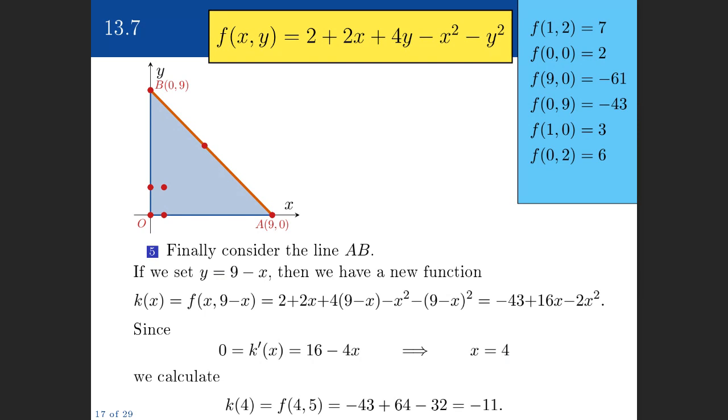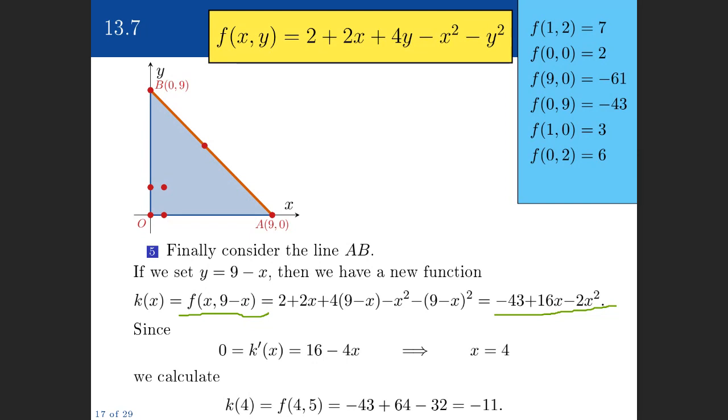One more thing we need to look at. We need to look at the line from A to B. On this line, we have that y is equal to 9 minus x. So on this line, we have f at (x, 9 minus x), and that is actually, and you can check this, minus 43 plus 16x minus 2x squared.